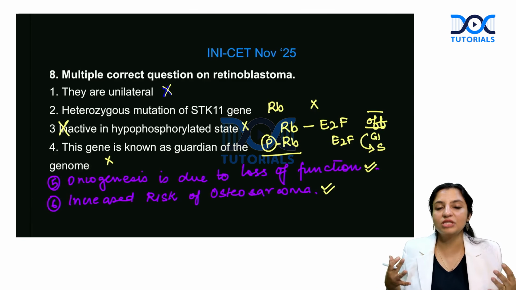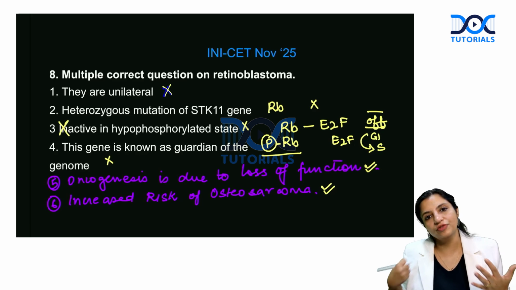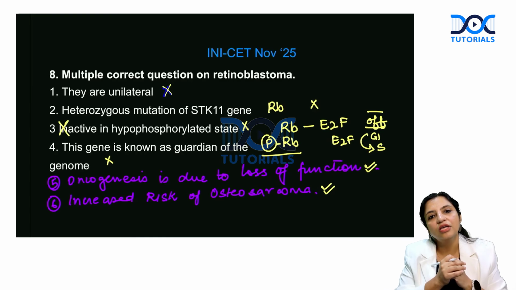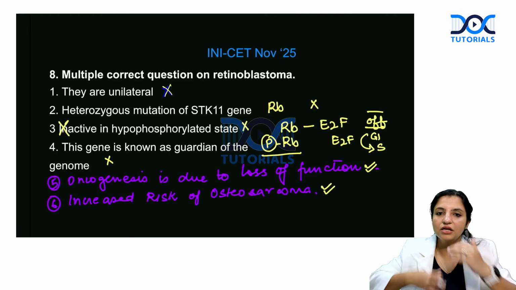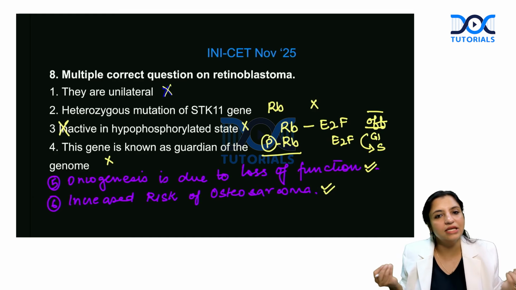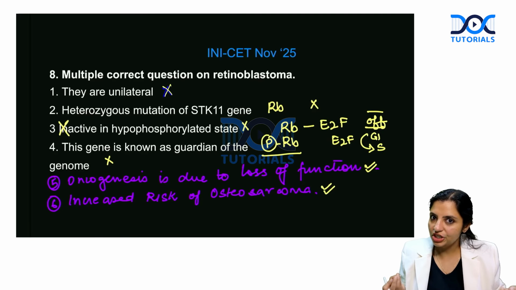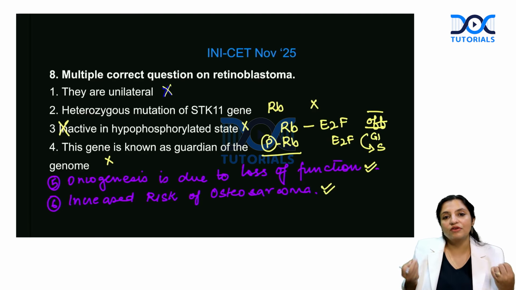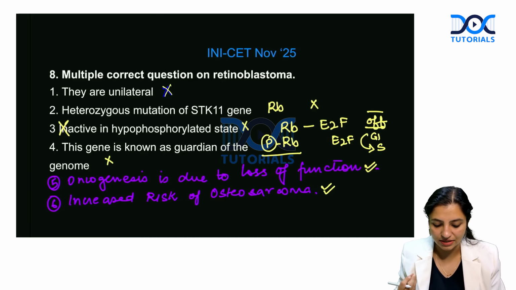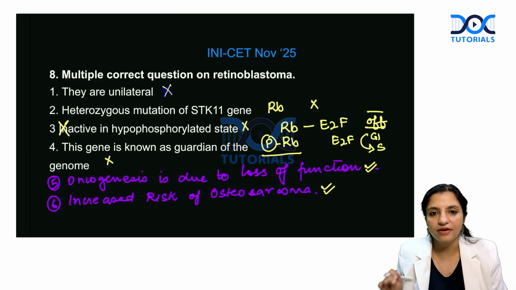It works as a tumor suppressor gene only when you remove the phosphorus. If you add phosphorus to the RB gene, then E2F, the cell cycle will start running, and the RB gene is inactive. Okay, and the gene mutated is RB obviously, and whenever we have germline RB mutation, it is usually bilateral. Okay, bilateral. So that point should be super clear with everyone, right?